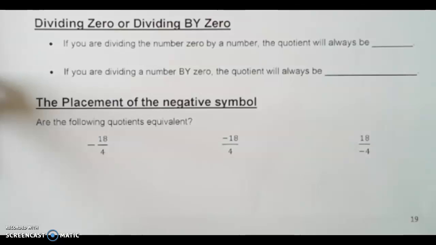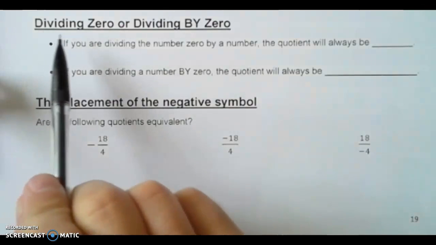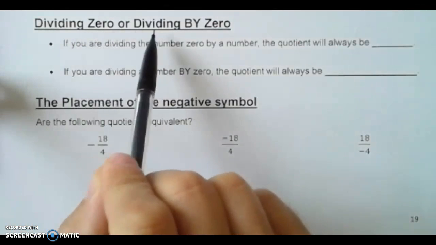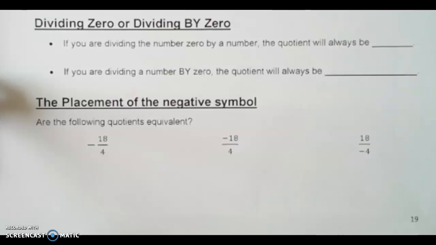We're going to talk about a couple more important things that are related to division. The first being dividing the number 0 or dividing by the number 0. Okay, they sound similar, but they actually mean different things.